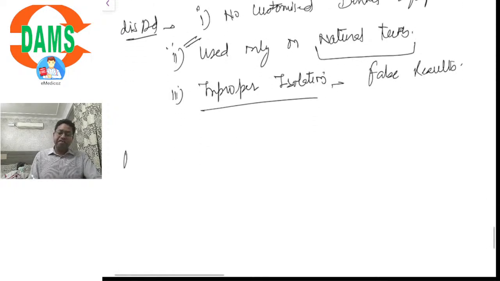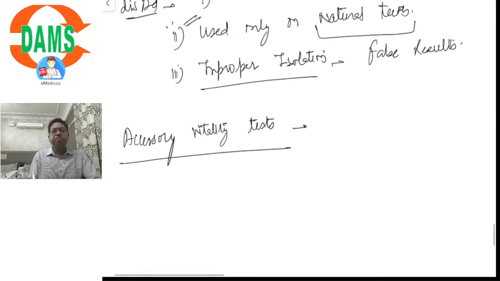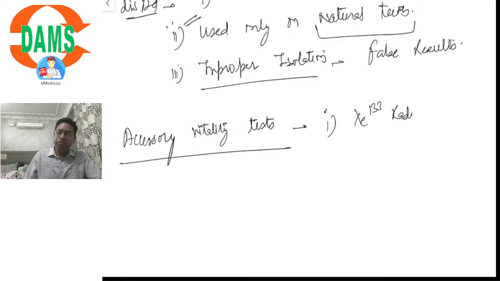Okay, some accessory tests. Accessory vitality tests: the principal ones are pulse oximeter and laser Doppler flowmetry. The accessory vitality tests, you have to remember the names: xenon 133 radioisotope.